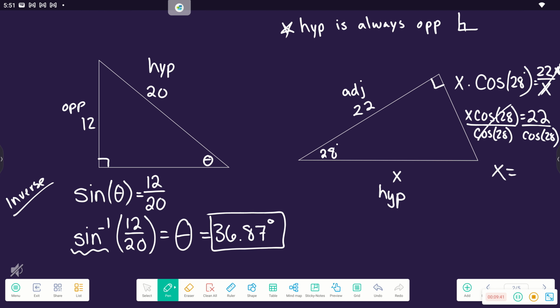I can put 22 divided by cosine of 28, which gives me approximately 24.9, or our missing side in this scenario is 24.9. Okay. So using those trig functions and solving just like we would any regular equation.